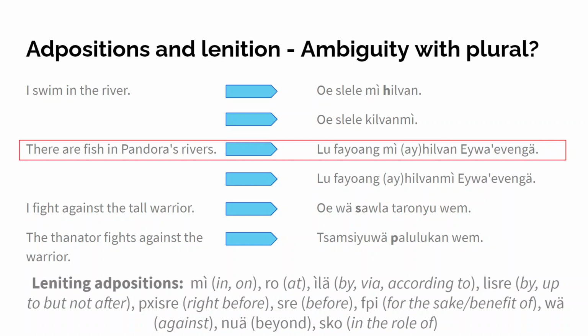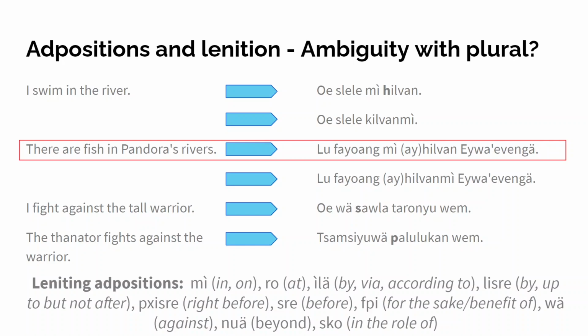Same in the first example with I swim in the river. Oisele me hilvan. We can very much assume that I don't swim in two rivers at the same time, or in multiple rivers actually, because plural I, of course, is 4 or more. We can assume that I only swim in one river right now, so we can assume this is meant to be the singular, one river.